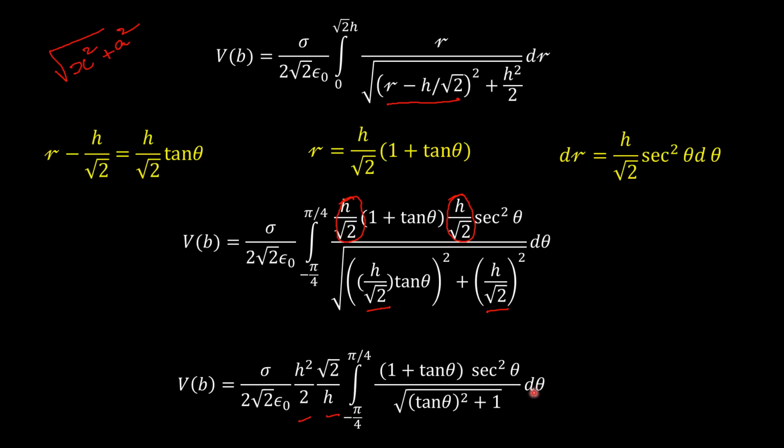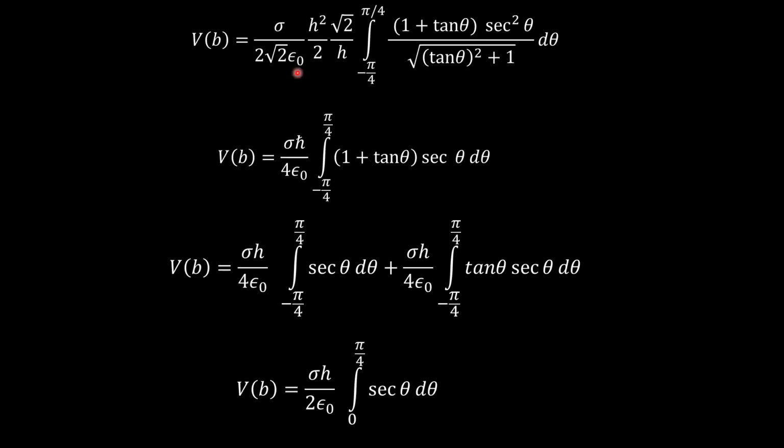So now we will try to simplify this. Now we got this expression. We can cancel some of the terms here. That is, this h squared will get cancelled with this h, and square root of 2 will get cancelled with this square root of 2.